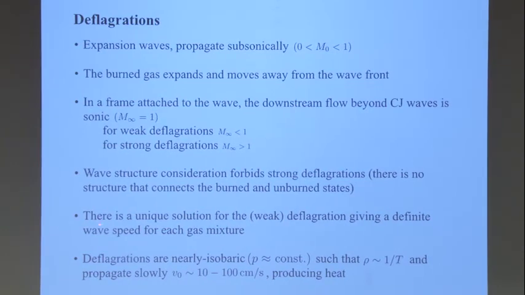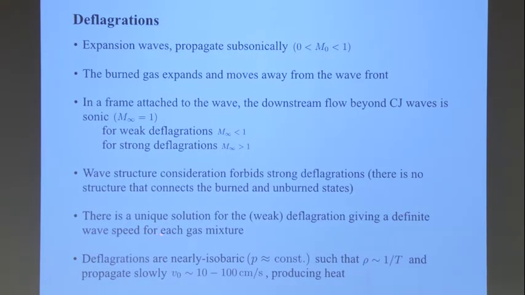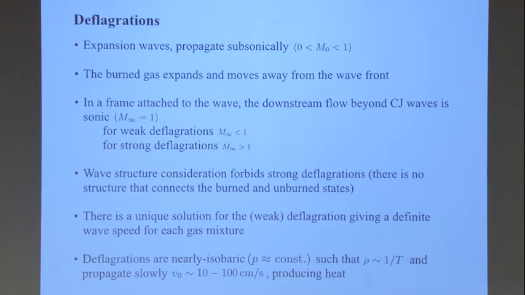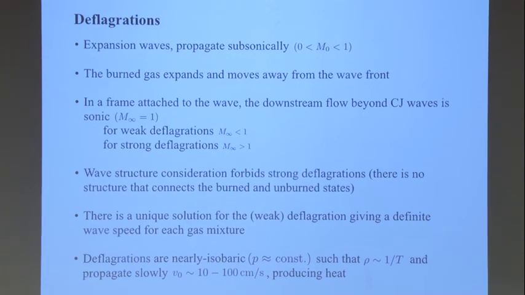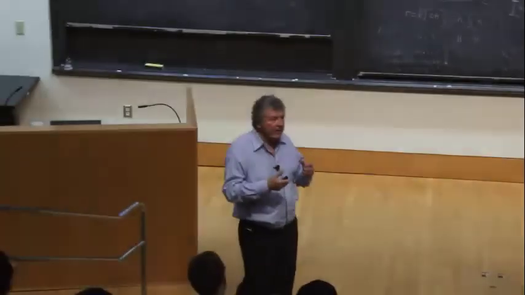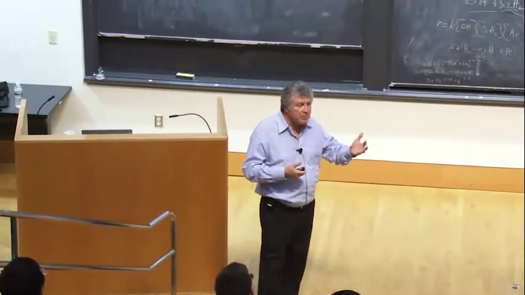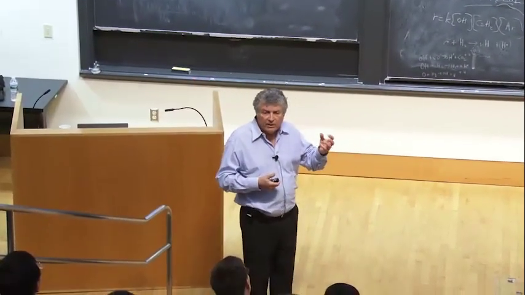On the other hand, there is a unique solution for weak deflagration, giving a definite wave speed for each gas mixture. This is the V naught that we didn't calculate yet, and clearly for flame is what is known as the laminar flame speed or the flame speed, and it is unique given the mixture and given conditions.